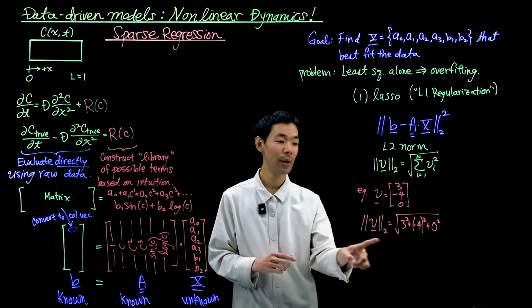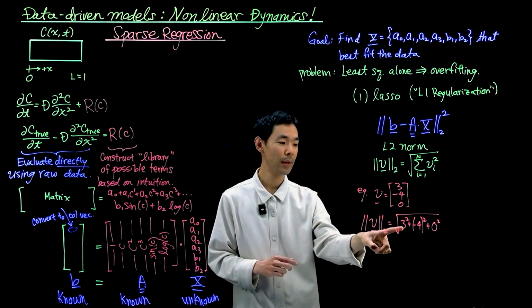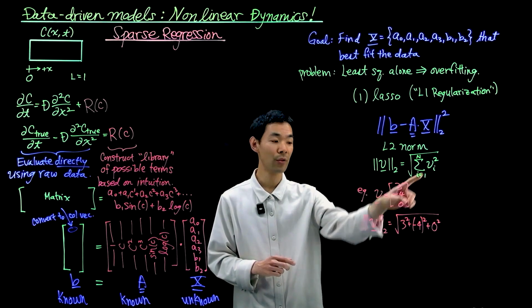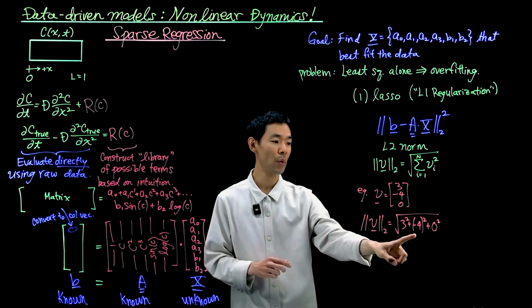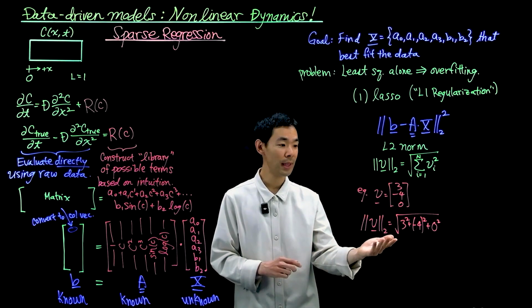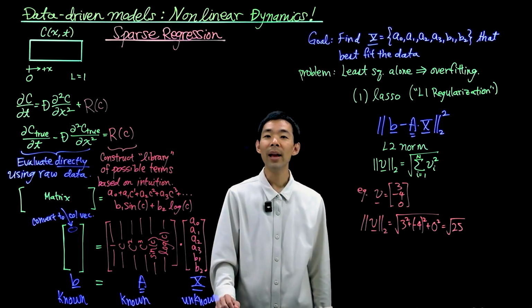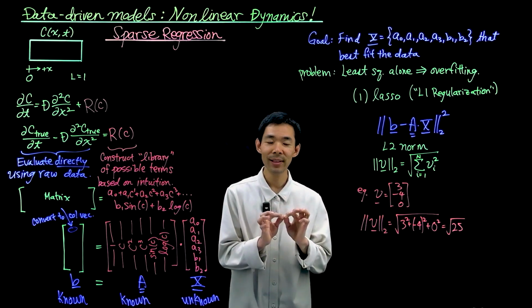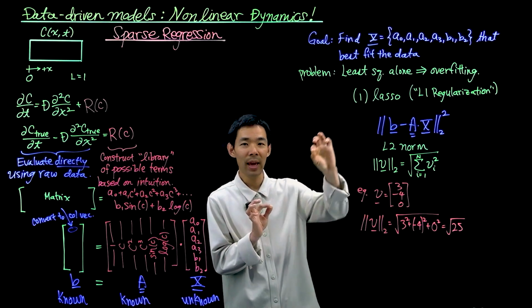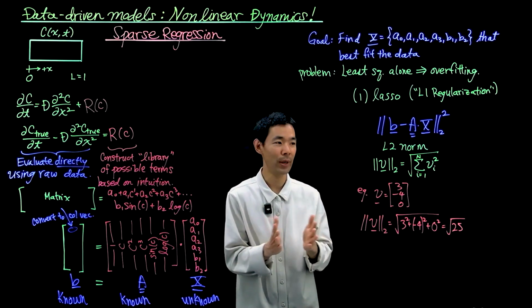The 2 norm would just be the square root of the first entry, 3, squared, plus the second entry, -4, squared, plus the final entry, 0, squared, which in this case would be the square root of 25. And so it's measuring the distance from the origin to the end of the vector. That's basically what it's doing.